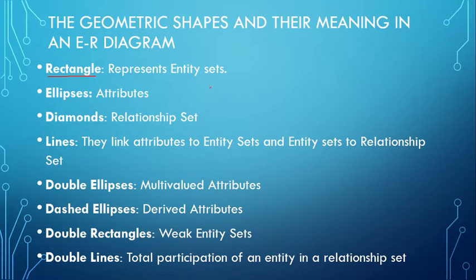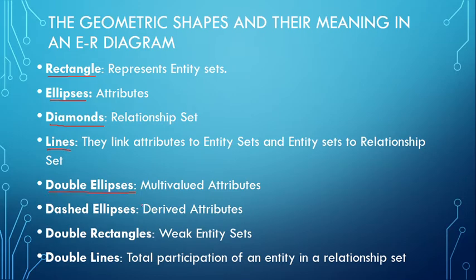Rectangle is used to represent entity sets. Ellipse is used to represent attributes. Diamonds show the relationship set. Lines help in linking the entity set and the relationship set with attributes also.